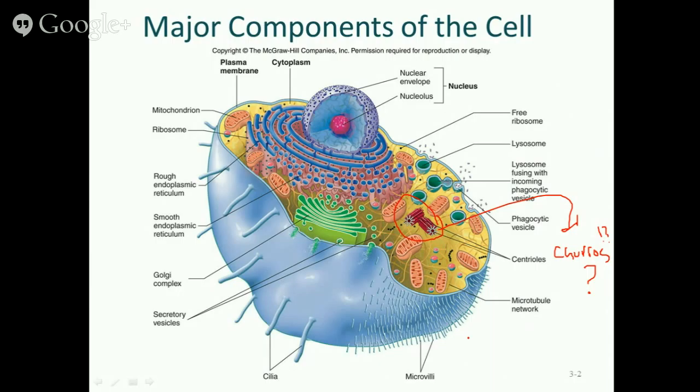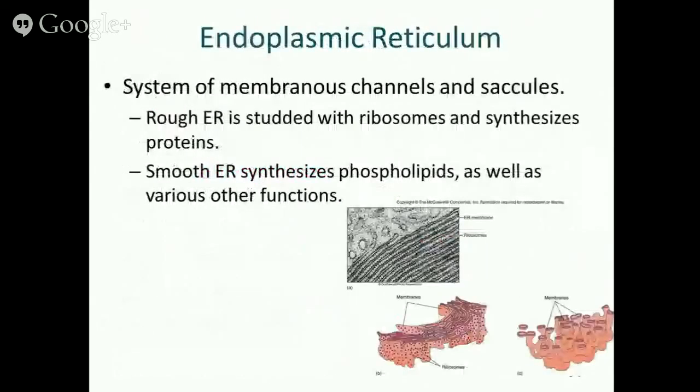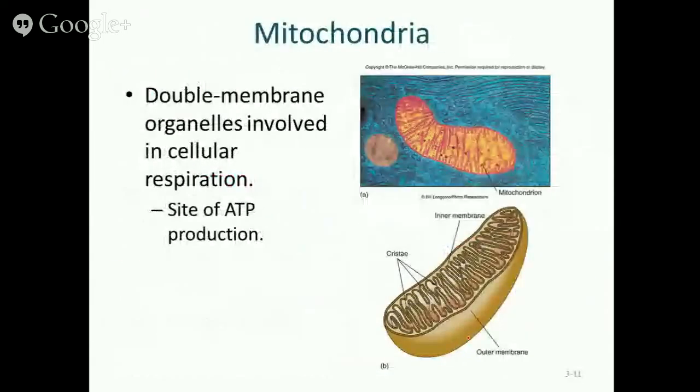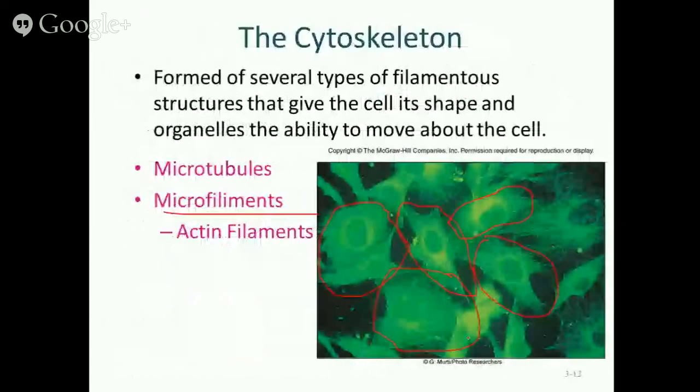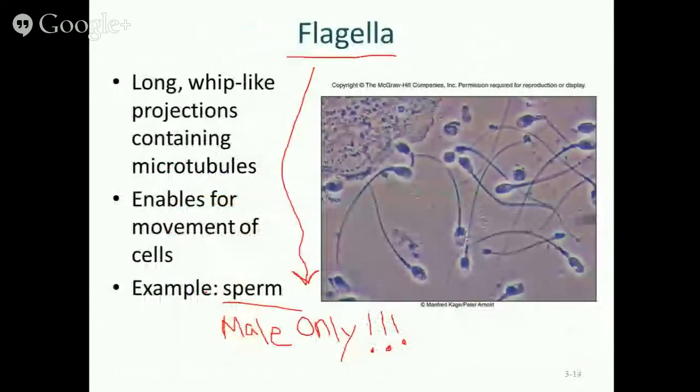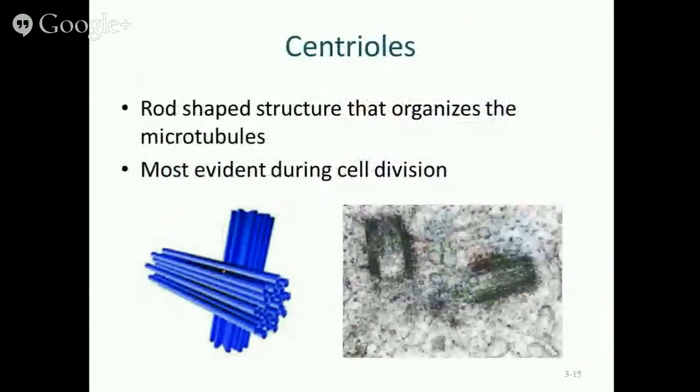So the cytoskeleton, when we talked about it, we said it helps organelles move, and it helps pull organelles to opposite sides. The centrioles help to actually pull the DNA from one side of the cell to the other, right? Split it apart.